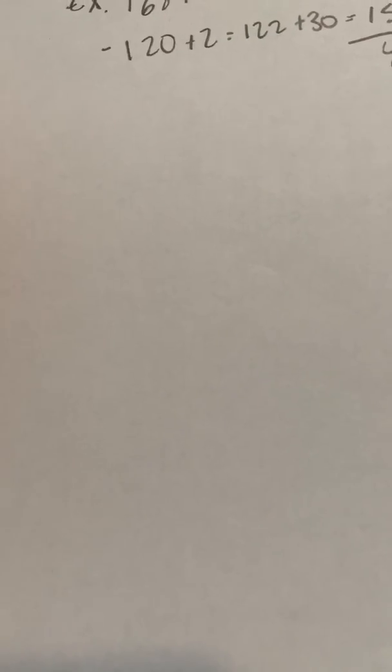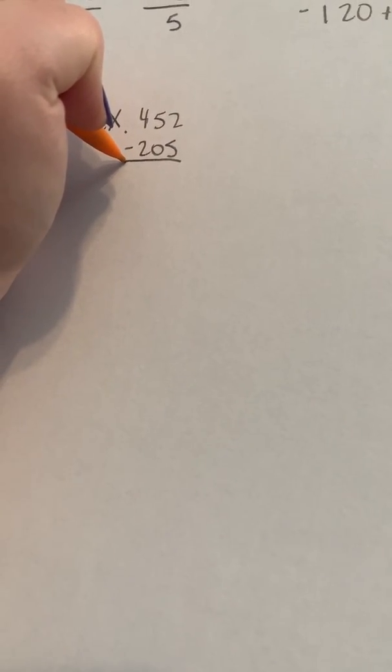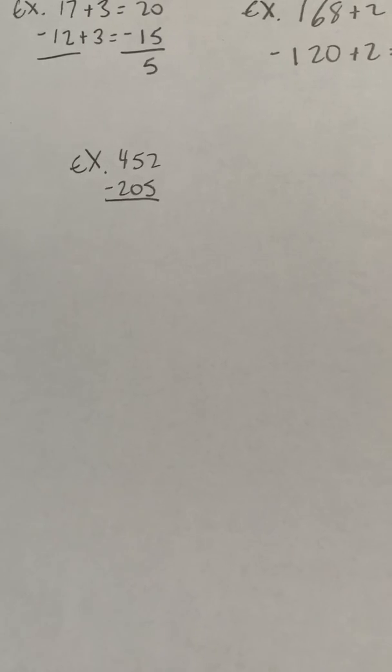Let me do one more for it. So the last one is going to be 452 minus 205. So what I did with this one is I added 5 to it. So plus 5, so we get 457 minus 210.